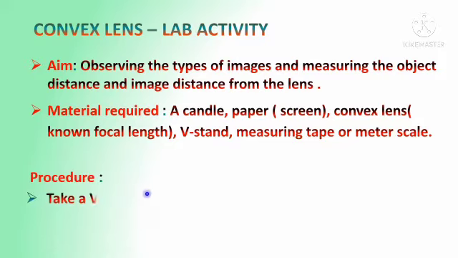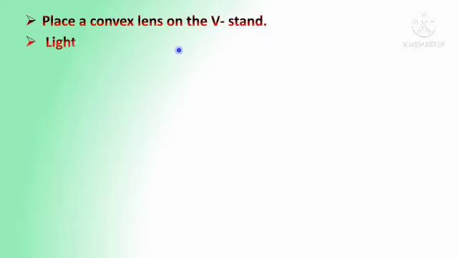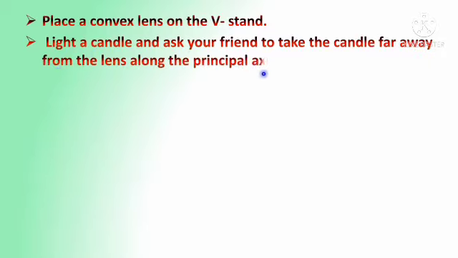Procedure: take a V-stand and place it on a long, nearly 2 meters table at the middle. Place a convex lens on the V-stand. Light a candle and ask your friend to take the candle far away from the lens along the principal axis.